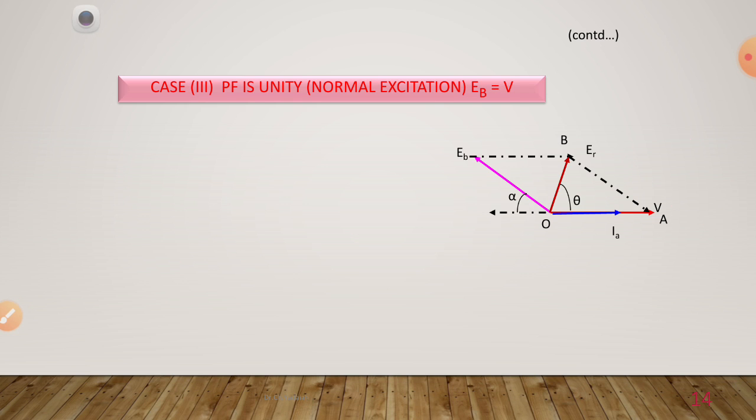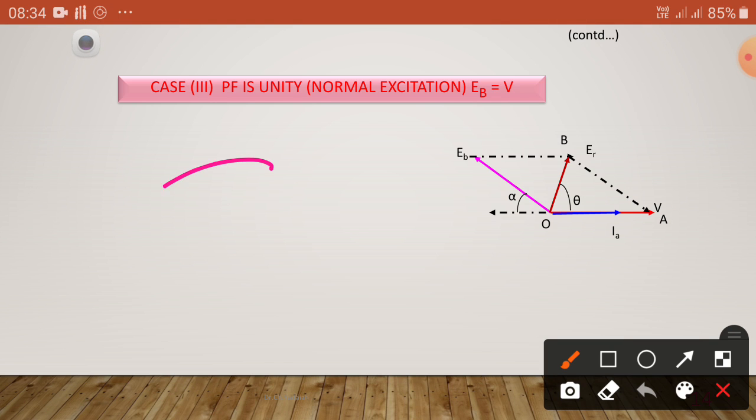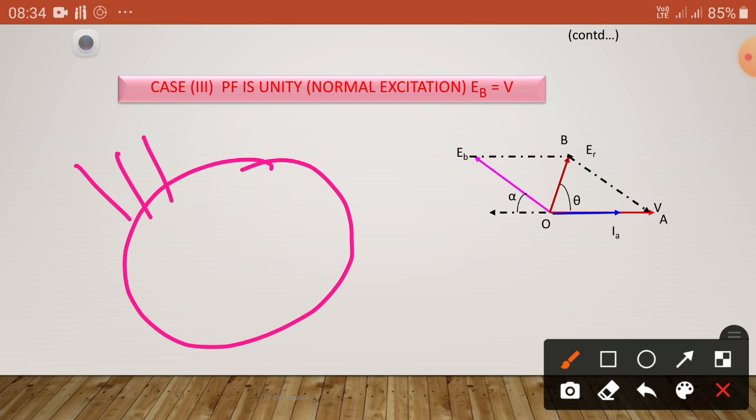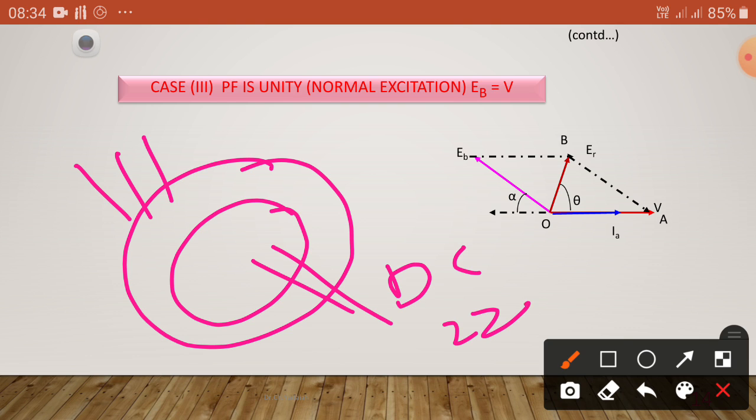Now, coming to the third case, similar analysis. In the third case we have normal excitation. The stator is connected to the three-phase supply, and the rotor is given DC supply of 220 volts only, and it draws the voltage V. In this normal excitation condition, V is equal to EB, the back EMF induced in the stator.